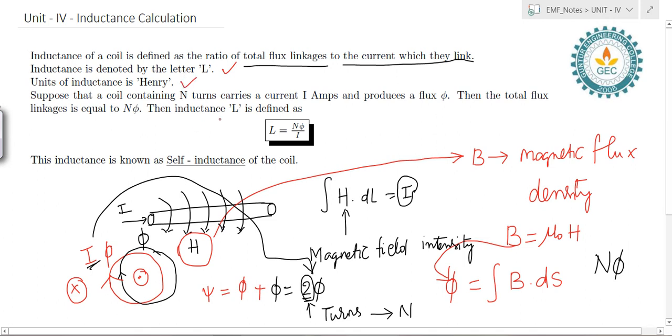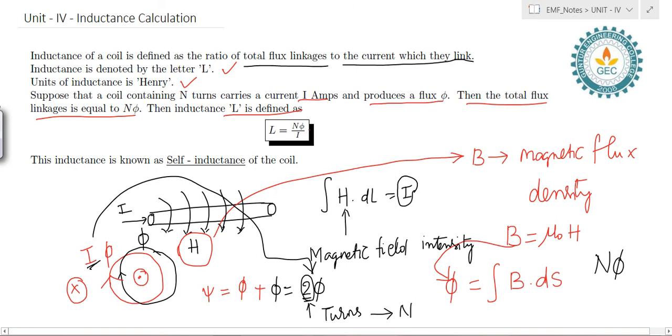Suppose a coil containing N turns carries a current of I amperes and produces a flux phi. Then the total flux linkages is equal to N phi, and the inductance L is defined as the total flux linkages divided by the current to which they link.